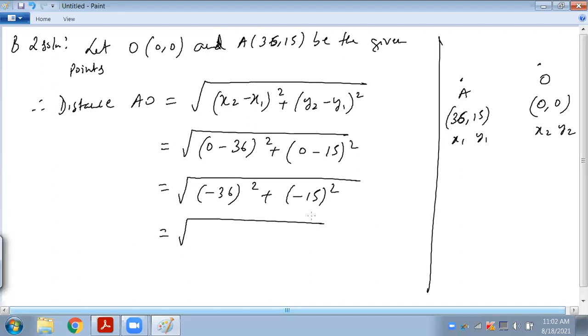Now 36 square is how much? 1296 plus 15 square is 225. Minus square is plus, 36 square is 1296, and minus square is plus again, 15 square is 225. So we'll get 1521.